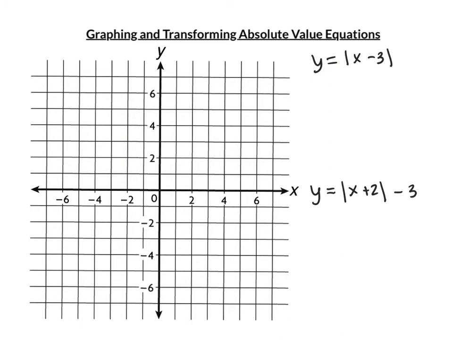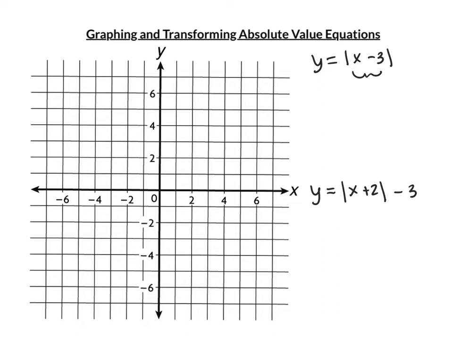Here are two transformations of y equals the absolute value of x. So here, x has been replaced with x minus 3. Since x is being replaced, we know it's horizontal. We know the horizontal is the inverse. Minus 3, think of the x-axis, seems like it would be moving to the left. But because what happens to the points and what happens in the equation are inverses, this actually moves it 3 to the right.